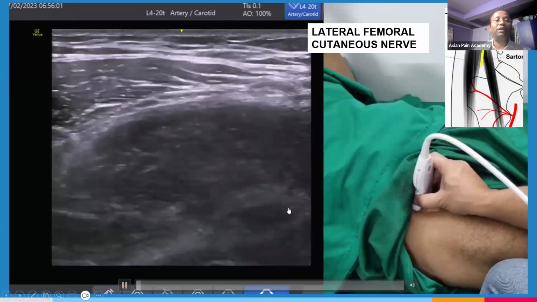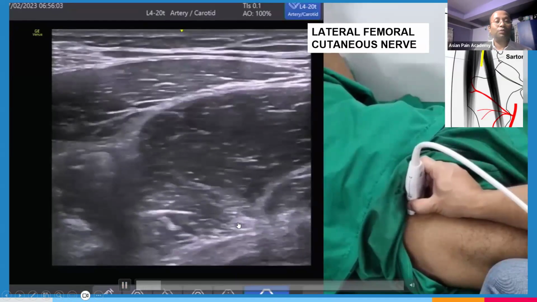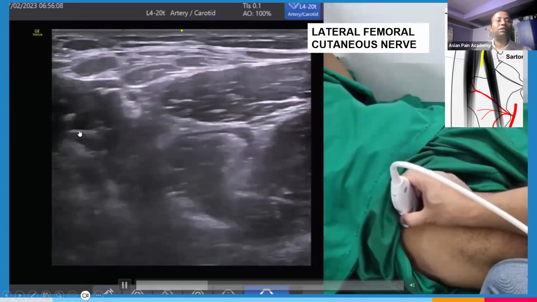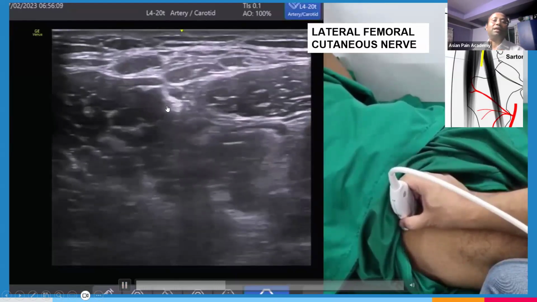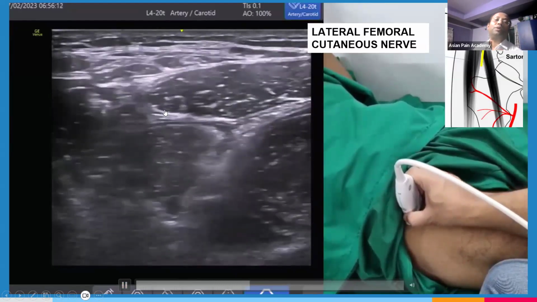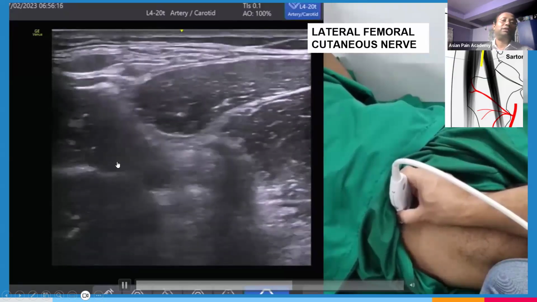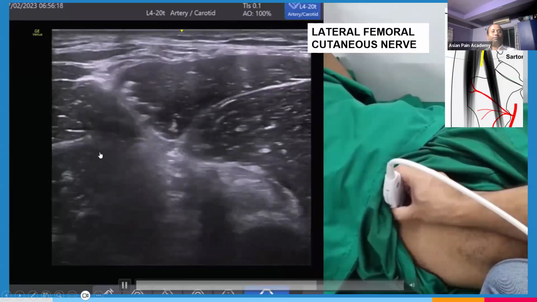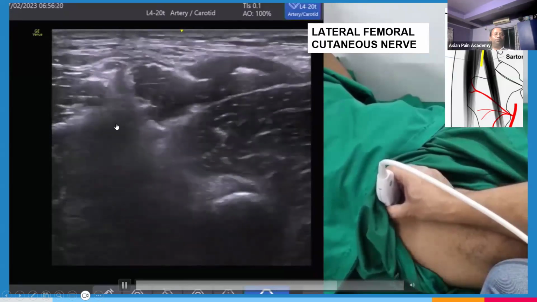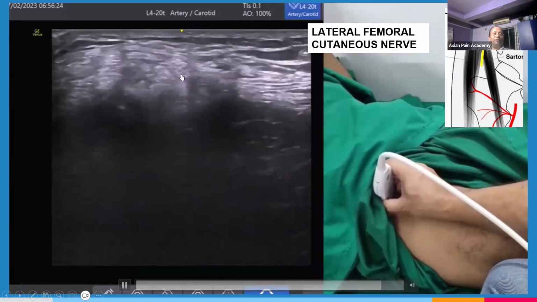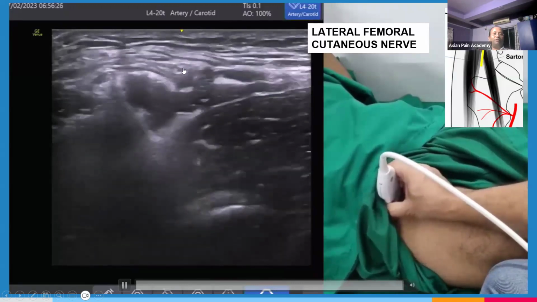Okay, lateral femoral cutaneous nerve. So rectus femoris, sartorius, tensor fascia lata. In this area, we will see the lateral femoral cutaneous nerve. So just see these two. So this is the nerve, big nerve. This is the nerve.